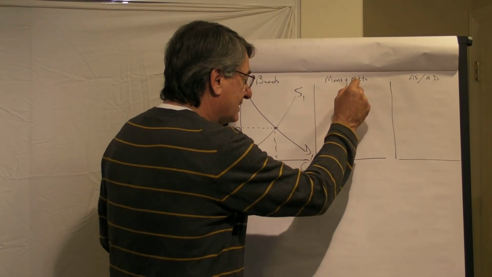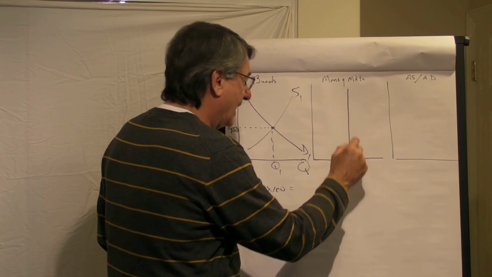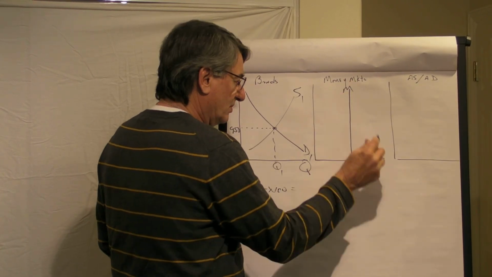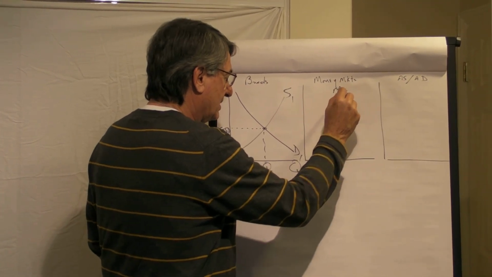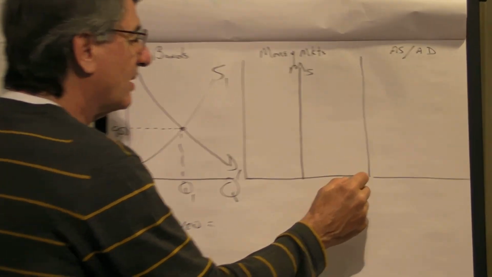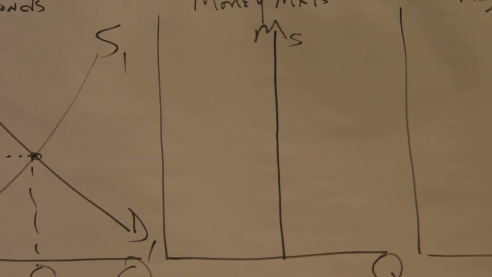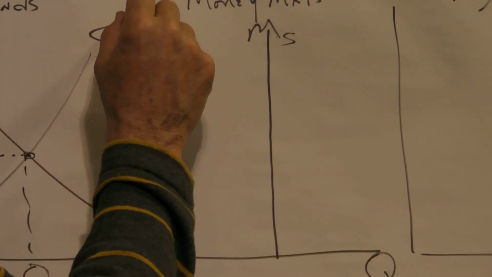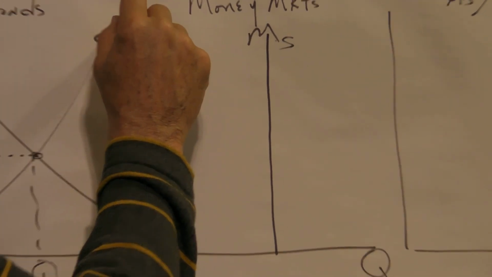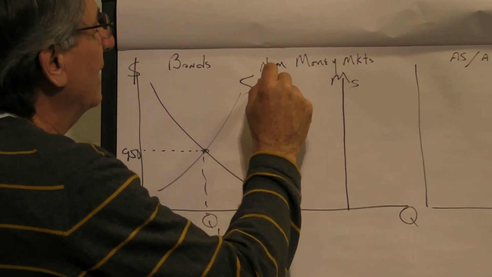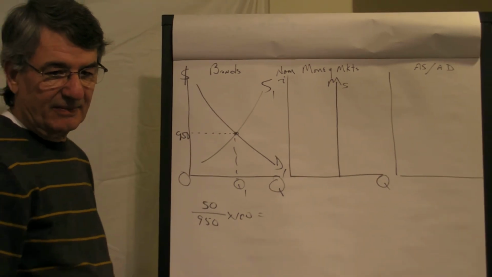The money markets, there's money supply. It's a relationship between the quantity of money and the nominal interest rates.